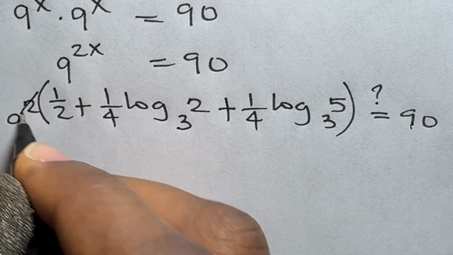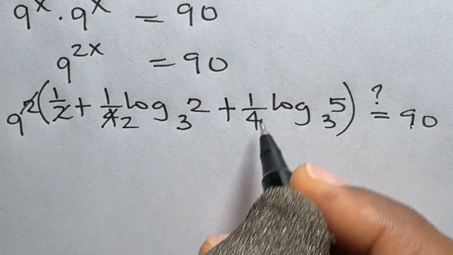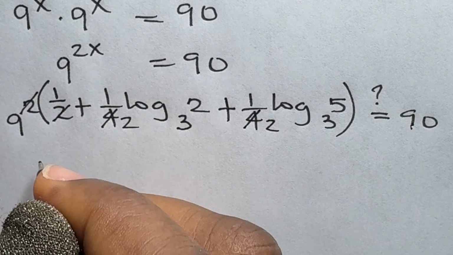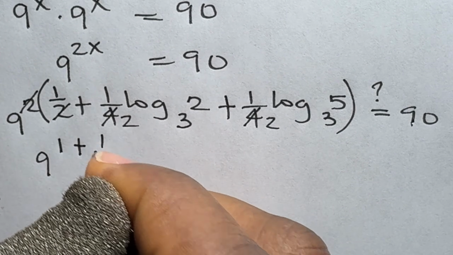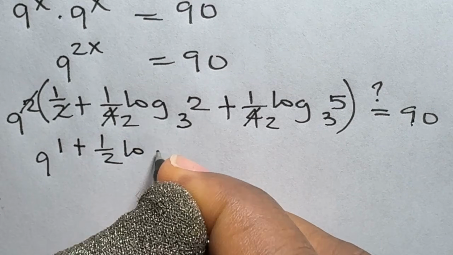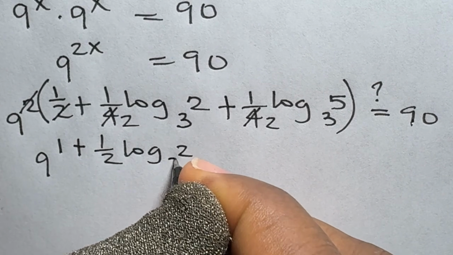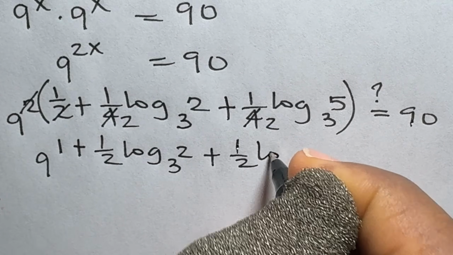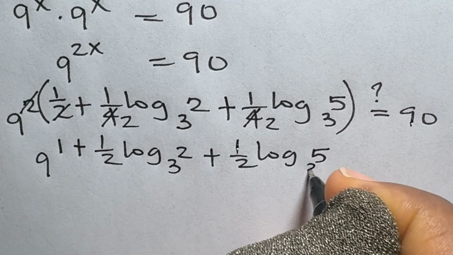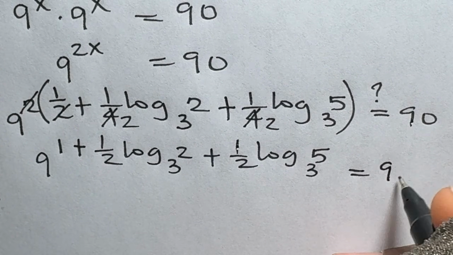If I multiply out all of this, we'll be left with 9 raised to power 1 plus 1 over 2 log 2 base 3 plus 1 over 2 log 5 base 3 equal to 90.